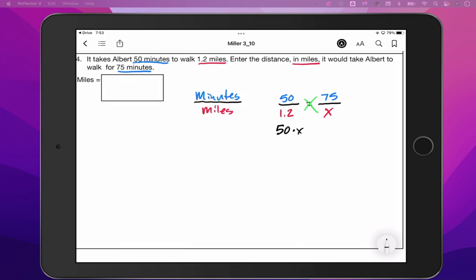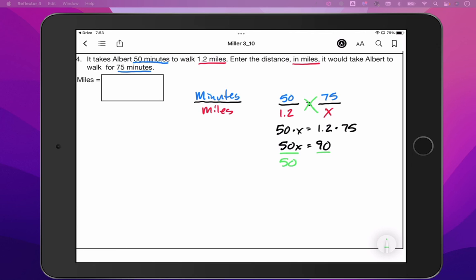50 times X is equal to 1.2 times 75. And so I'll get my calculator to help me with that. That's 90. So 50X equals 90. And this is not going to come out even, so thank goodness I got a calculator.